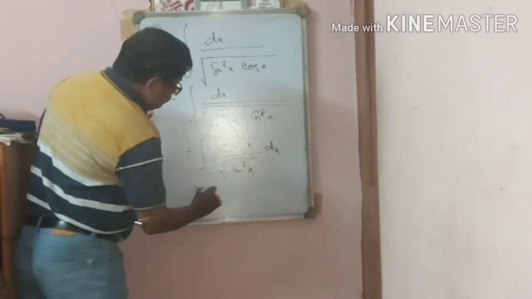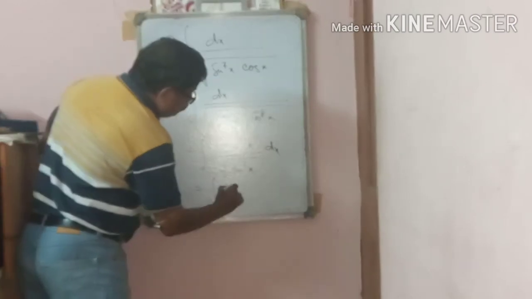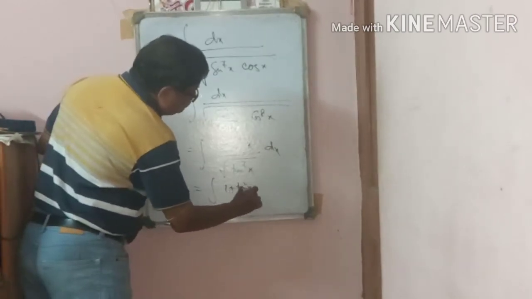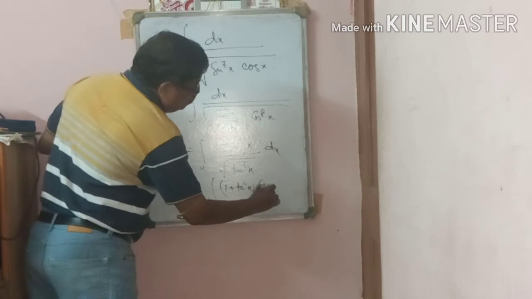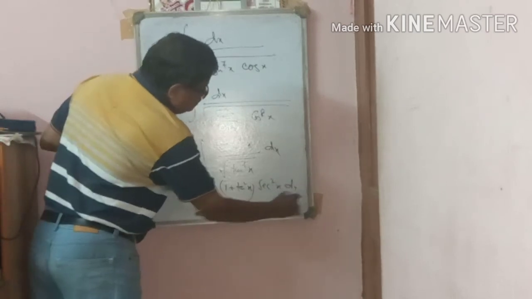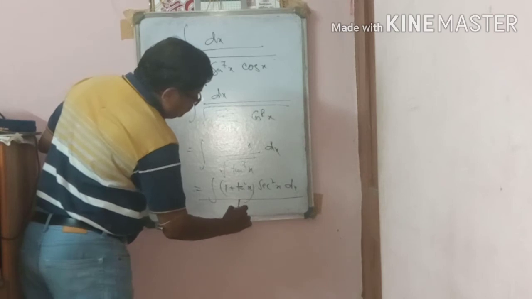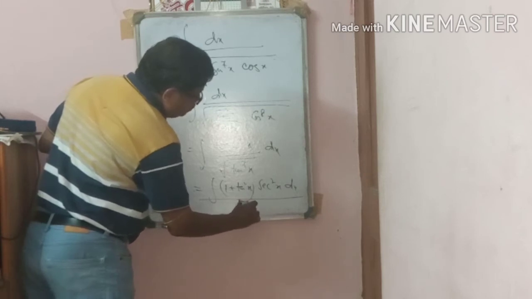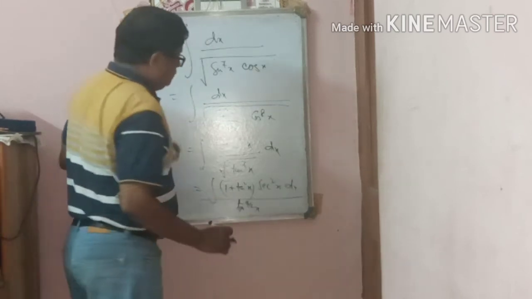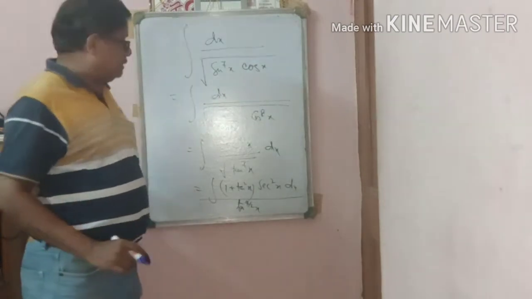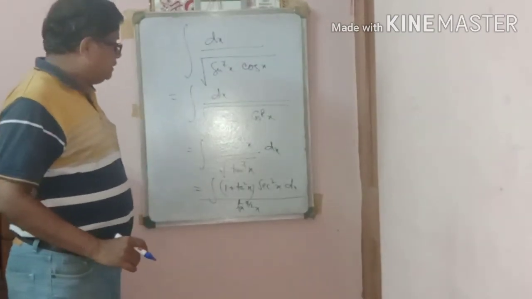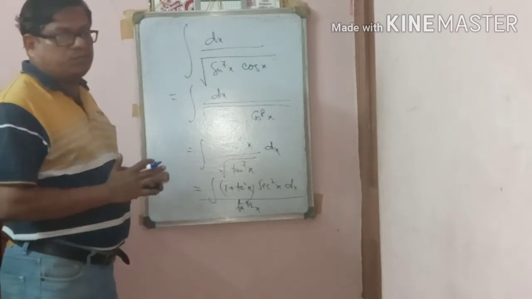So this will be sec square, that is 1 plus tan square x, into sec square x dx by tan to the power 7 by 2 of x. So 1 plus tan square x, sec square x dx, by tan x whole to the power 7 by 2.